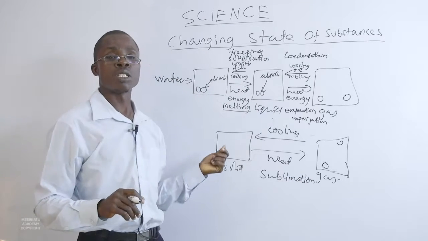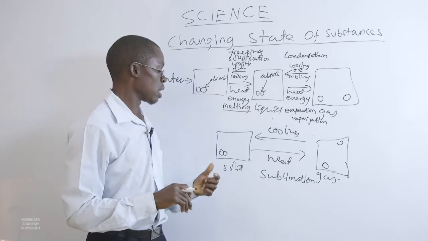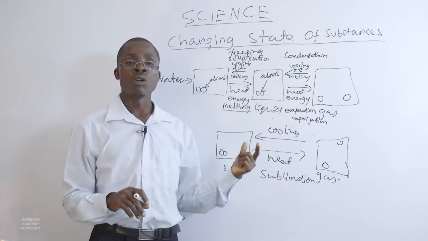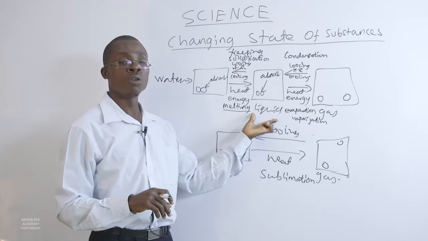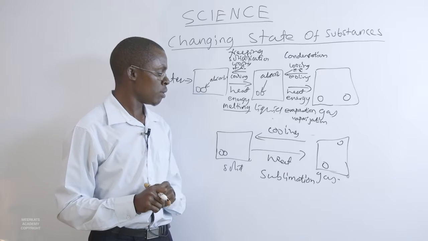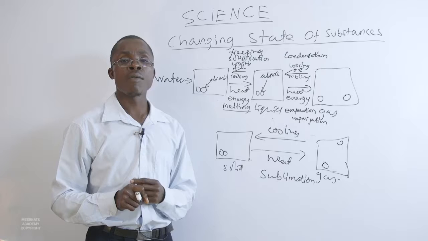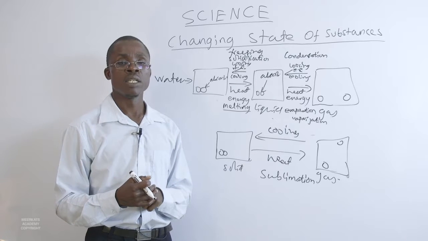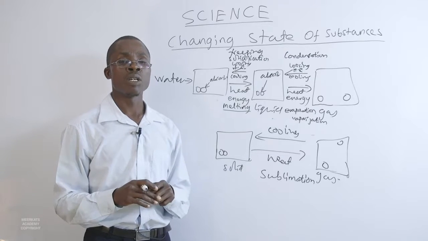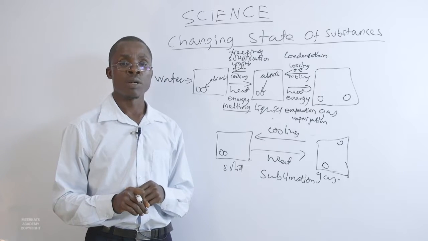So sublimation is the process that a substance goes through by turning directly from a solid to a gas without going through a liquid state. Most of the substances that undergo this process require very little heat energy to change from solid to gas.